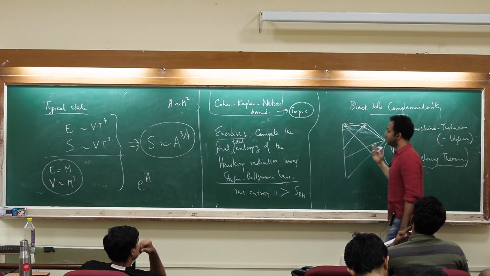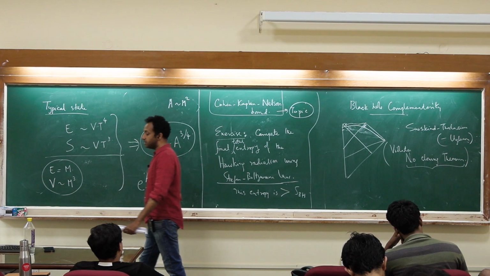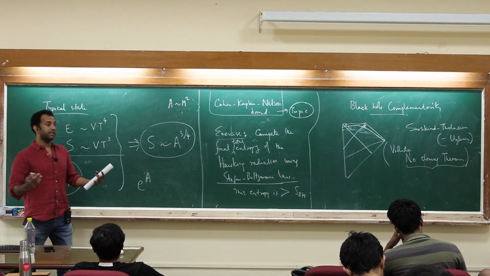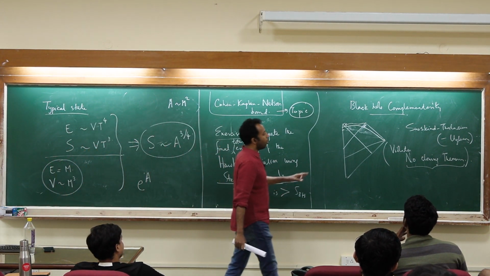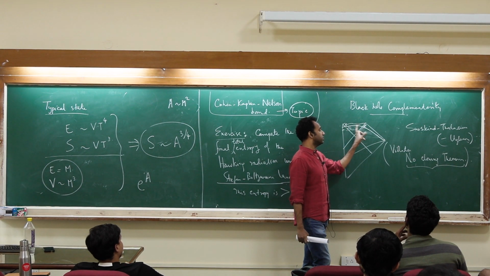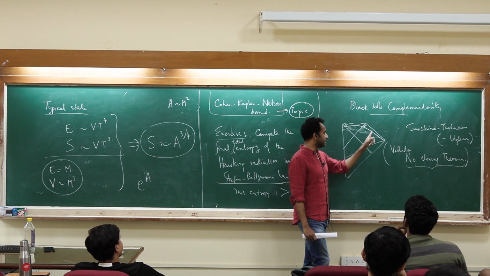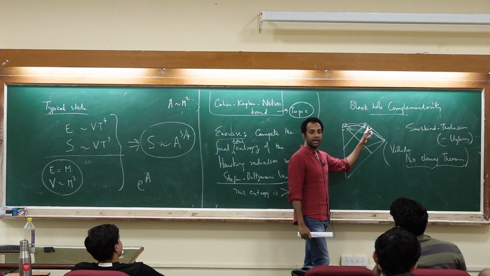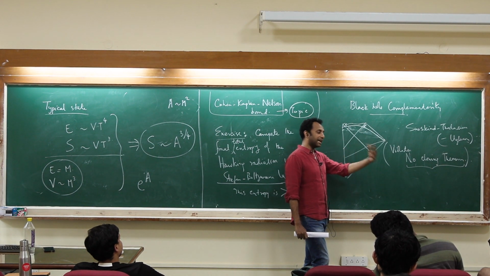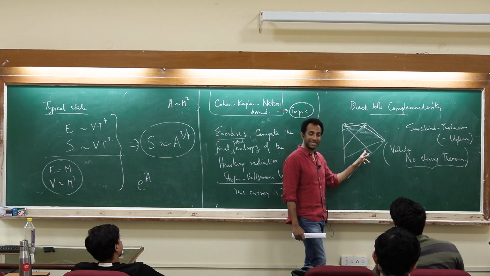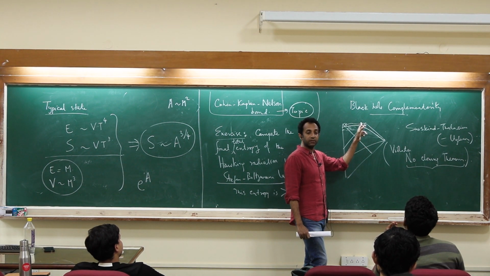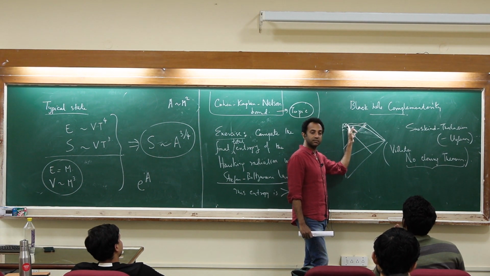The idea of Susskind and Thorlacius, and of black hole complementarity, is that no single observer can actually measure both this and this. Let's say somebody sitting very late here collects enough Hawking radiation to reconstruct the state and decides to jump into the black hole. He will never be able to get here.